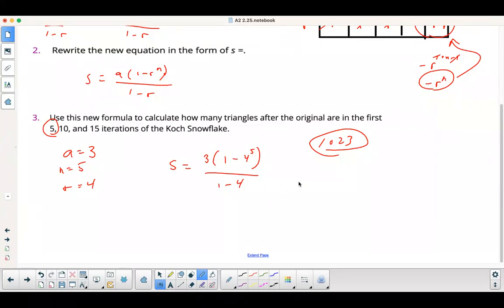The next one, everything stays the same. My first term, my common ratio, I would just have to change the 5 to a 10. And that'll give me the total sum.